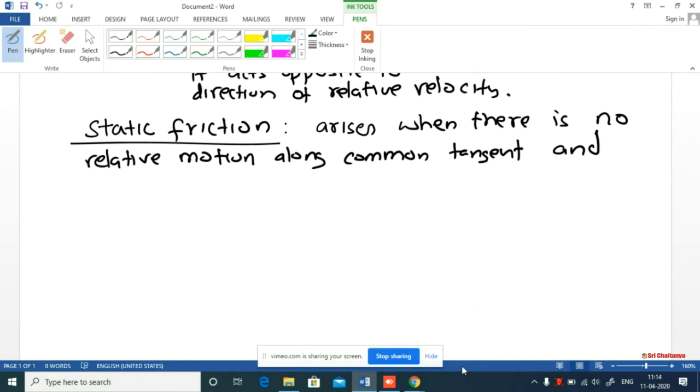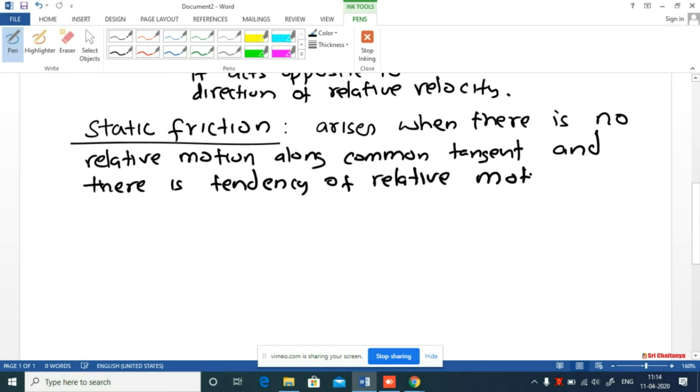Static friction arises when there is no relative motion along the common tangent and there is a tendency of relative motion along the common tangent. Now the question arises, what exactly do we mean by tendency of relative motion, right?